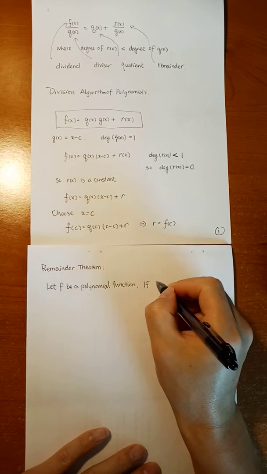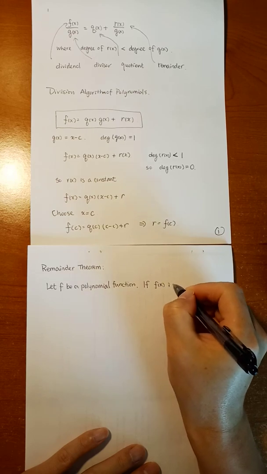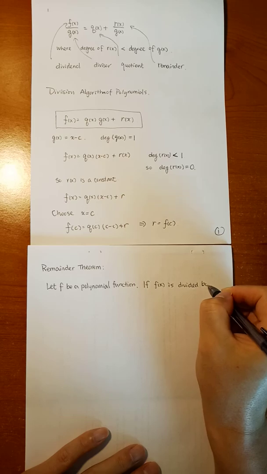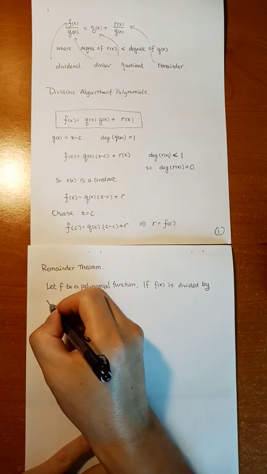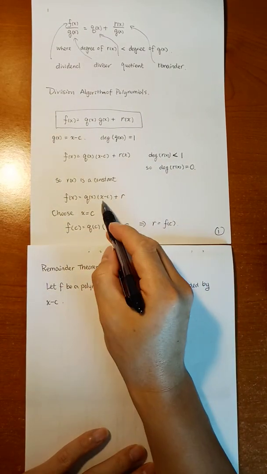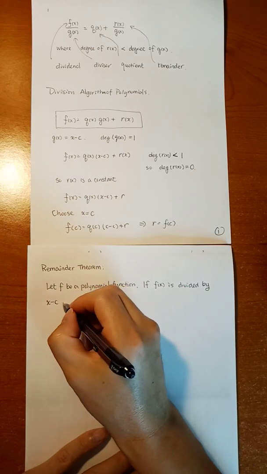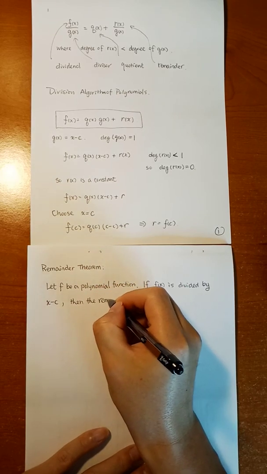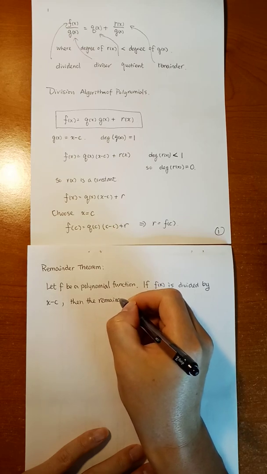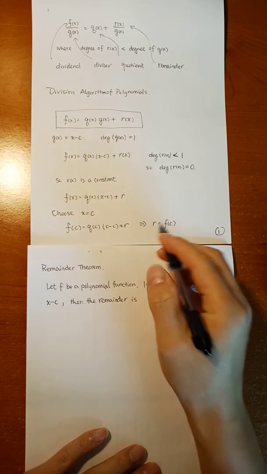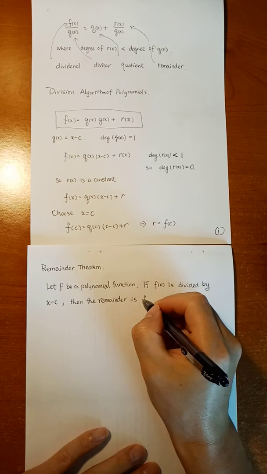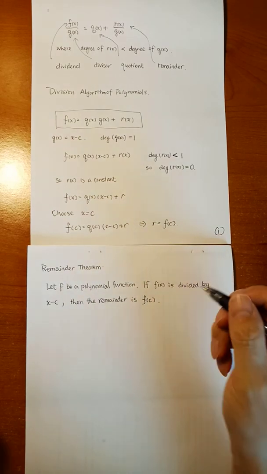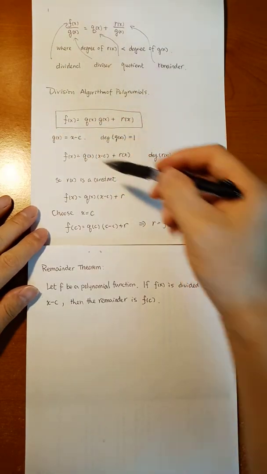If f(x) is divided by x minus c, then the remainder is r, and the remainder is f(c). That's exactly what we discussed here.